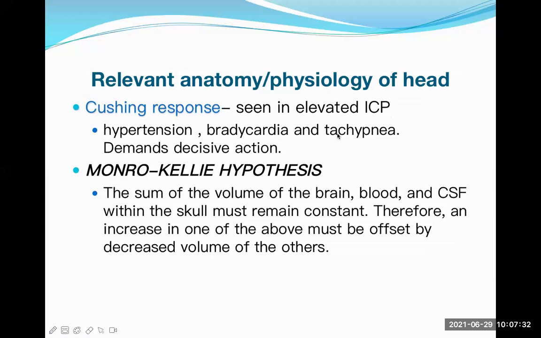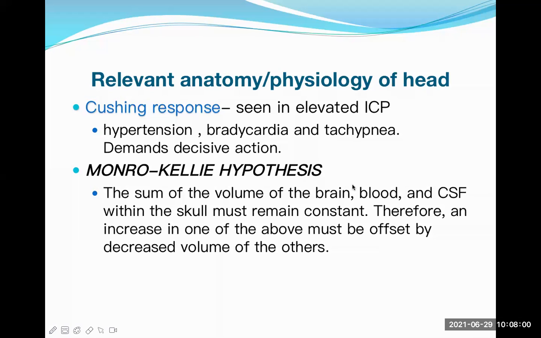This tachypnea is actually an irregular type of breathing, also known as Cheyne-Stokes breathing. So hypertension, bradycardia, and irregular breathing or Cheyne-Stokes respiration is known as Cushing's reflex. And this demands decisive action because it already shows that there is a raised ICP. So we need to go for some treatment and we need to find out the cause.